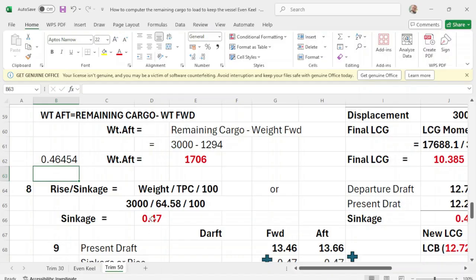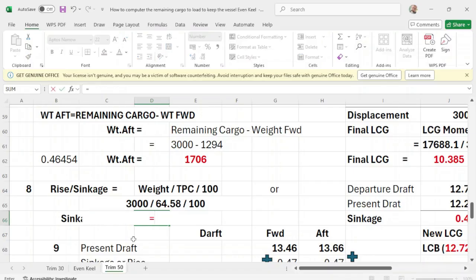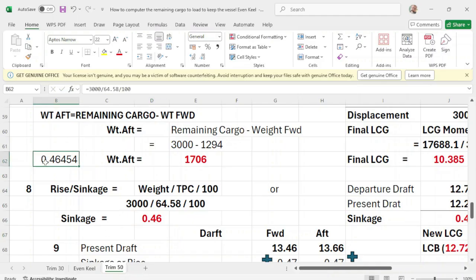Put it this way: 3,000 divided by 64.58 divided by 100, 46. Okay, that will be 46.